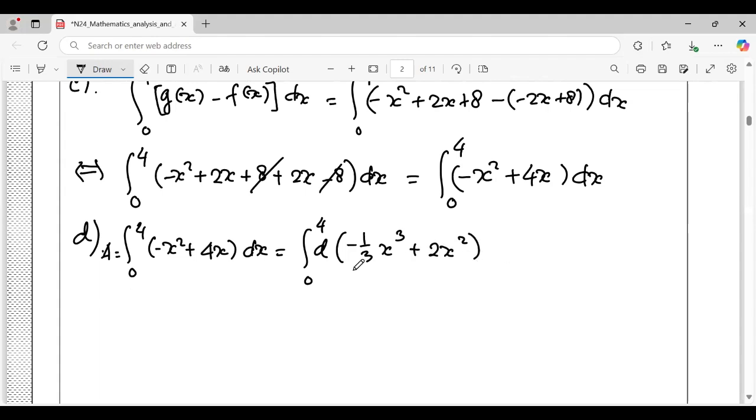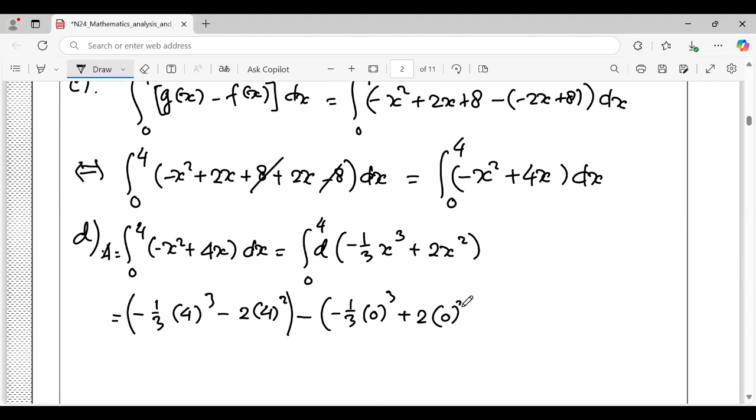After that, substitute 4 and 0 into this integral, and then it becomes minus 1/3 times 4 cubed, plus 2 times 4 squared, minus 0. So this is 0. We are going to calculate this one, minus 1/3 times 64.